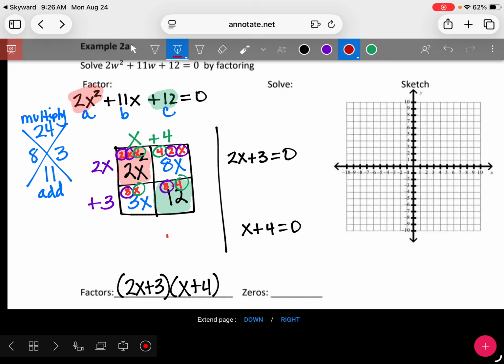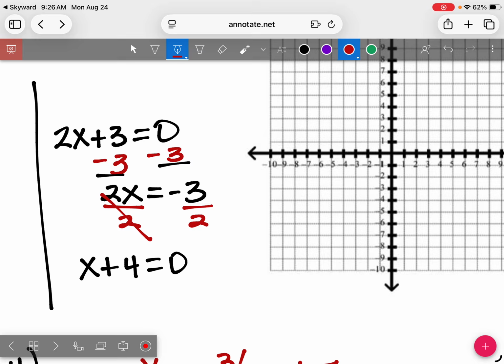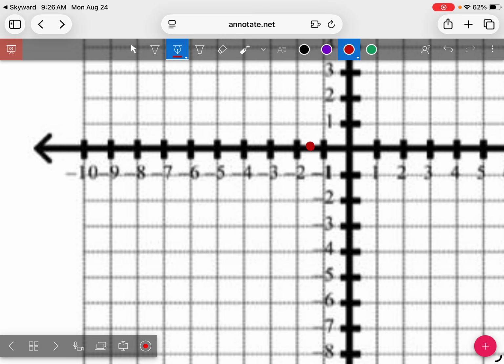So I'm subtracting the 3 and dividing by 2. So my first answer is x equals negative 3 over 2, which is the same as negative 1.5. So you can write that as a fraction or a decimal. Negative 1.5 is in between negative 1 and 2. Put a point right there.